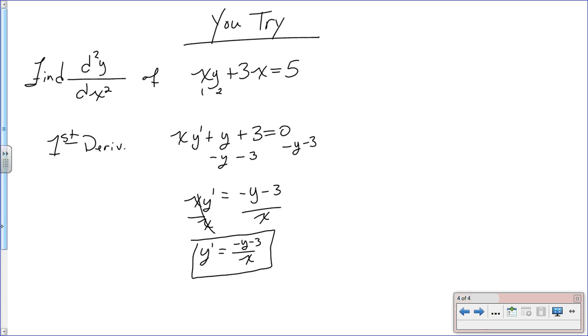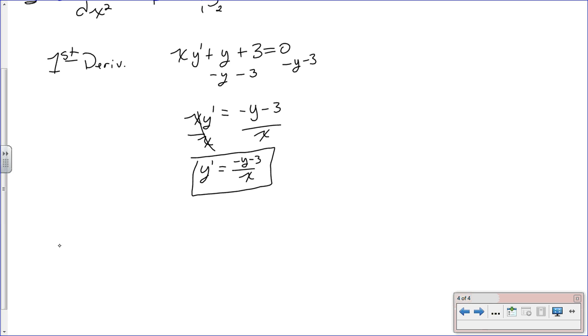Now we have to find our second derivative. So we're going to find the derivative of negative y minus 3 over x.